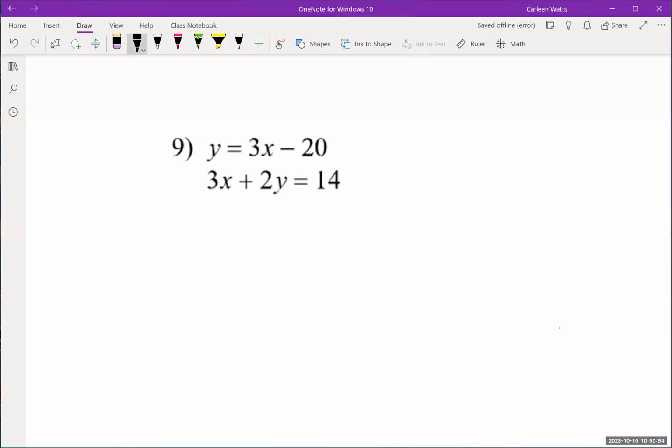So I'm going to substitute y. So y is isolated. Y is alone. So I'm going to take my standard form and I'm going to take out y. So this is y equals and standard.